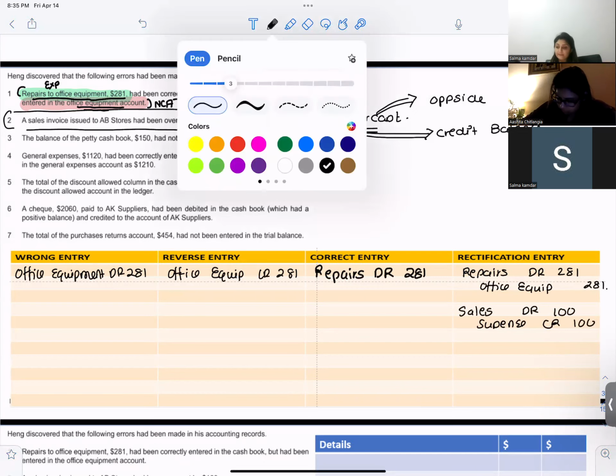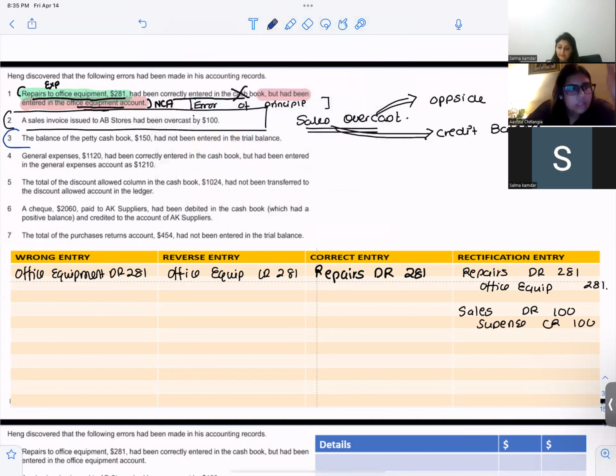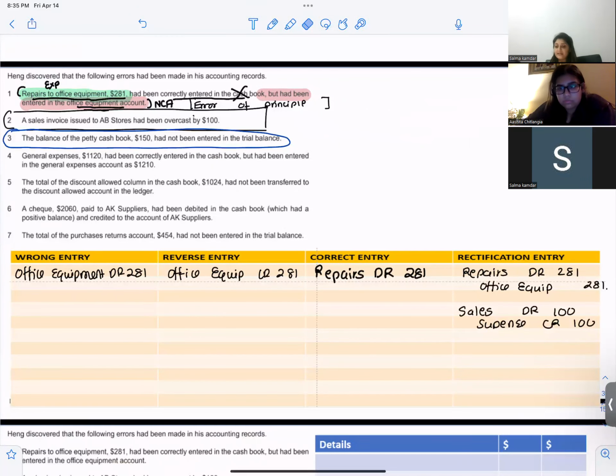Next one. The balance of petty cash book 150 had not been entered in the trial balance. What error is this? Error of partial omission, omission.